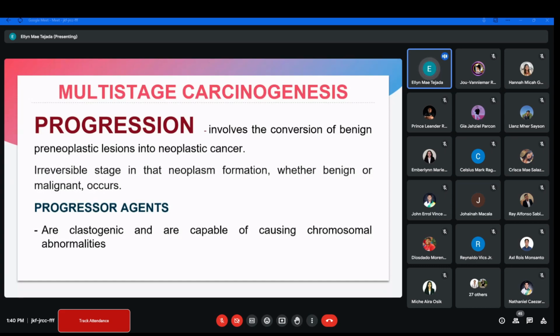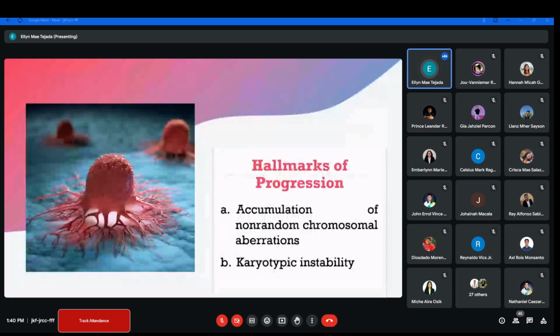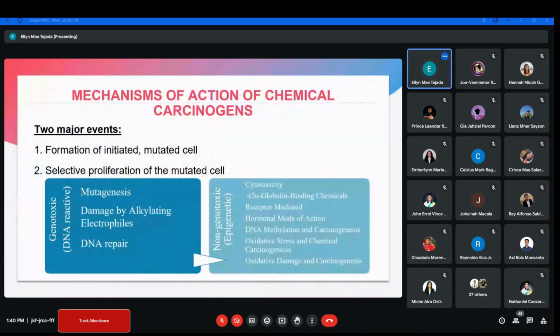Well, aside from that, we have the hallmarks of progression. These are the following: the accumulation of non-random chromosomal aberrations and also karyotypic instabilities. Now, there are also considerations of the mechanisms of action of chemical carcinogens.